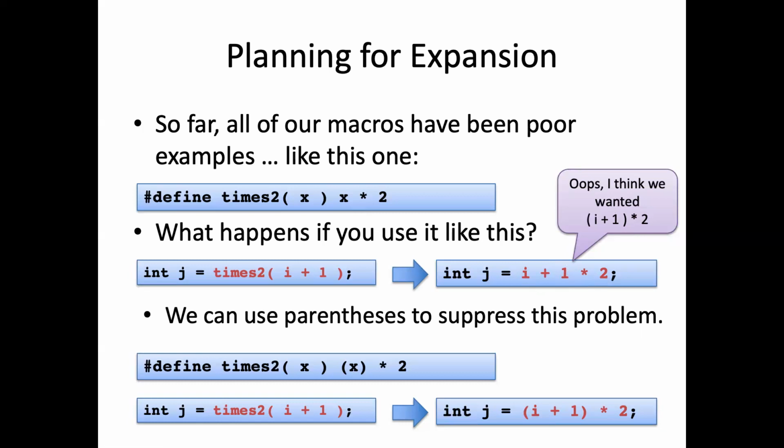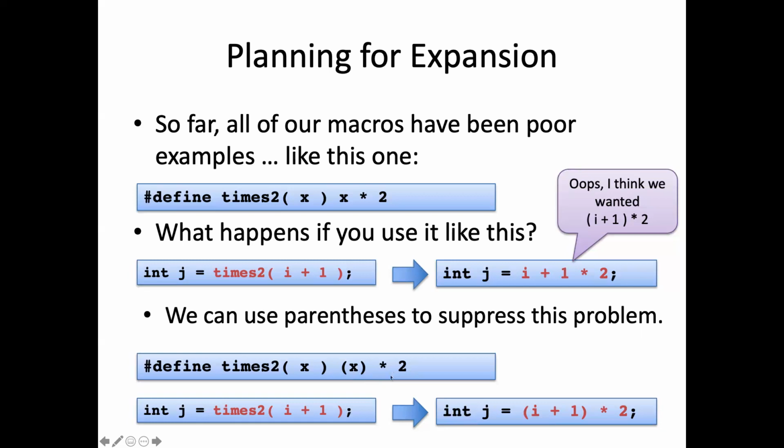If you want that, and typically you do, you have to force the precedence of the macro to be what you want, usually by including parentheses. When people define a macro like this, they would probably define it more like the one at the bottom. They'd put parentheses around any of the parameters where they show up in the macro definition, just to force whatever that parameter is to get evaluated first, without interfering with precedence in the surrounding macro syntax.